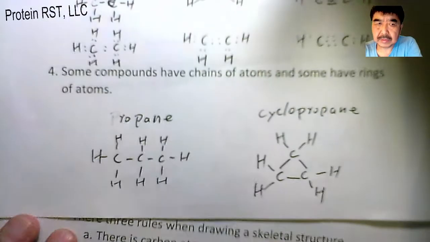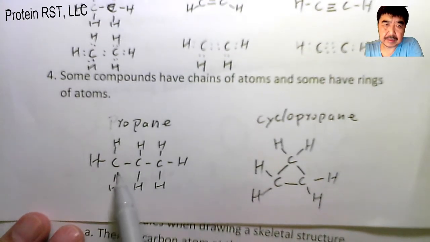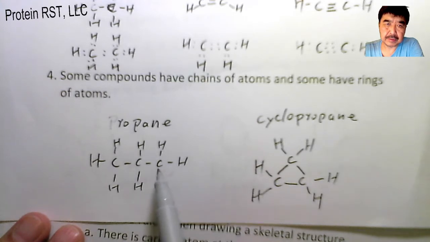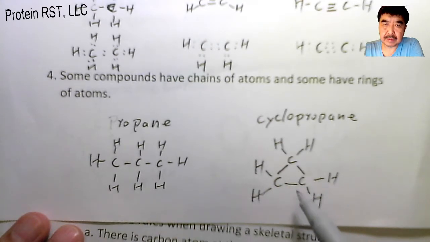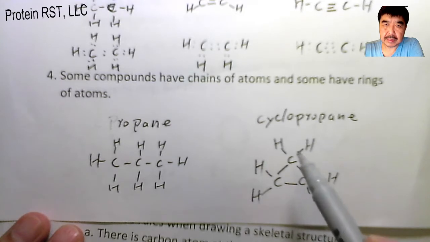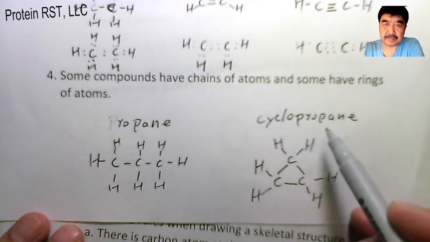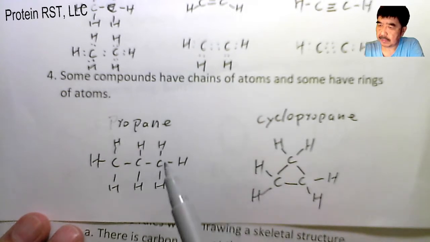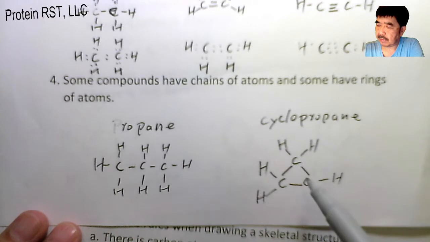Propane has 3 carbons, and on this side is the 3-carbon chain. This one forms a 3-carbon ring, called cyclopropane. So organic compounds can form a chain, and they can also form a ring.